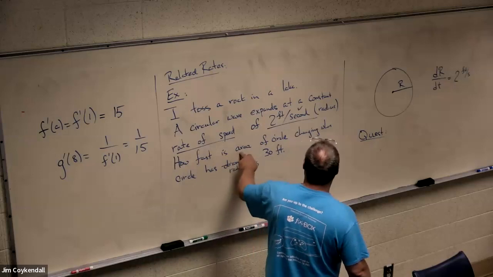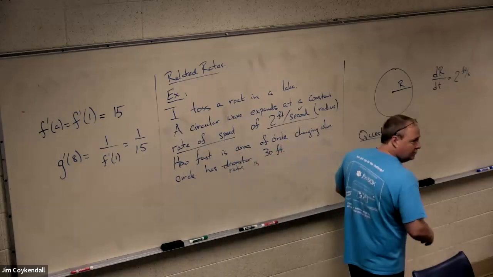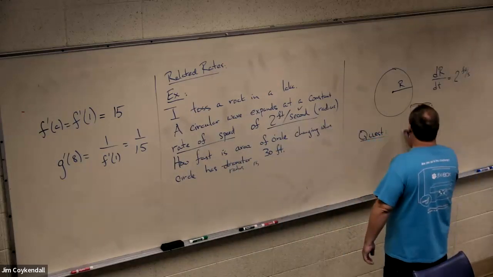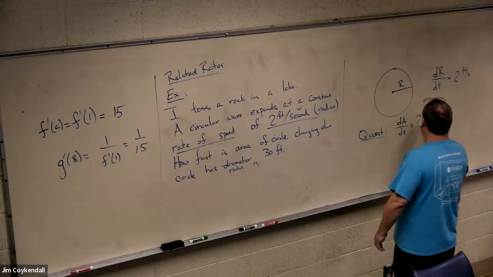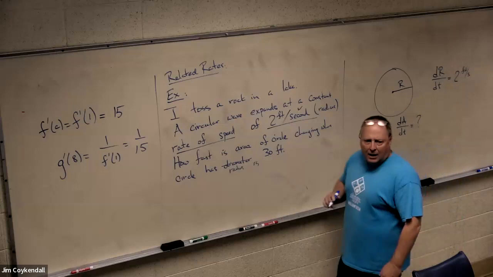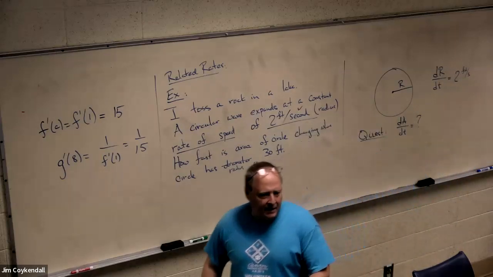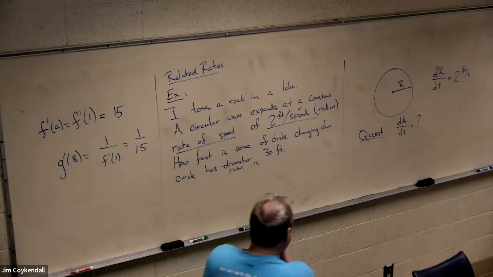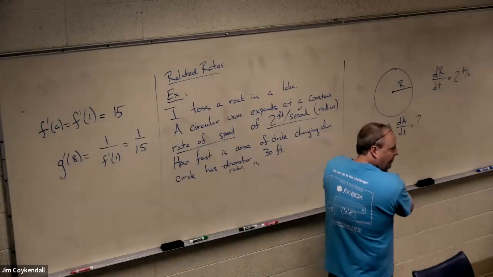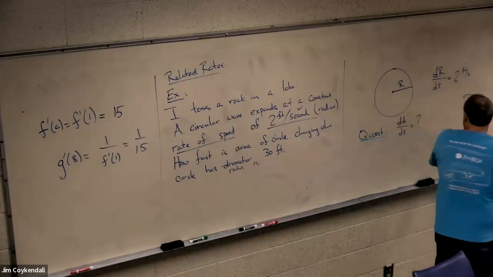How fast is the area of the circle changing? So my quest is dA/dt. That's what's being asked. And when do we want it? For all time, or when? Good. What is 30? Good.